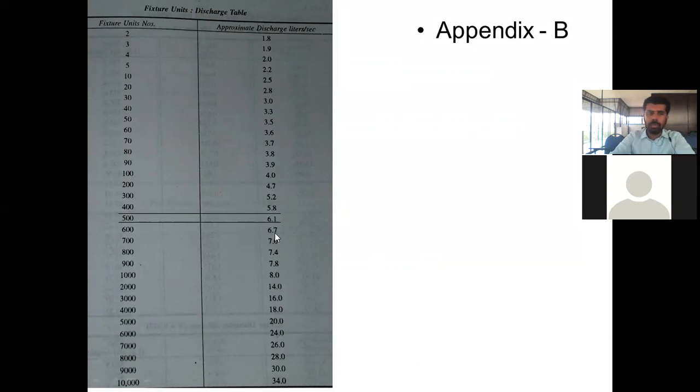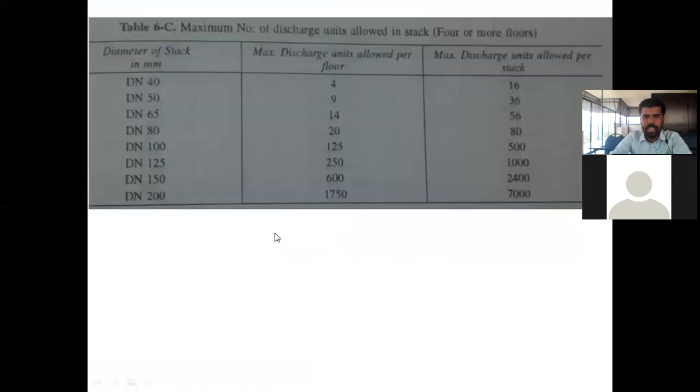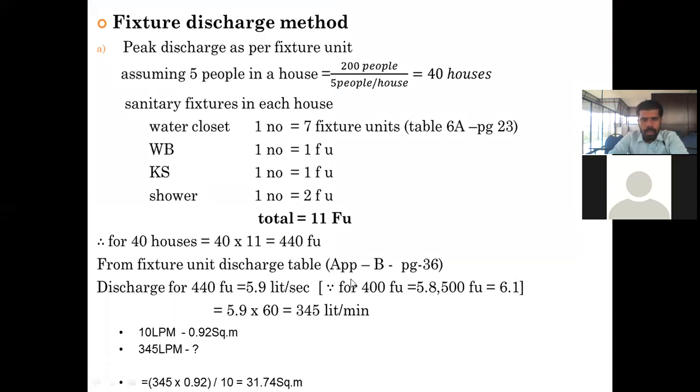You can take it by interpolation or just take the average. So for 440 they have taken 5.9, because 400 is 5.8 and 500 is 6.1. So approximately, for 440 fixture units it will be 5.9.